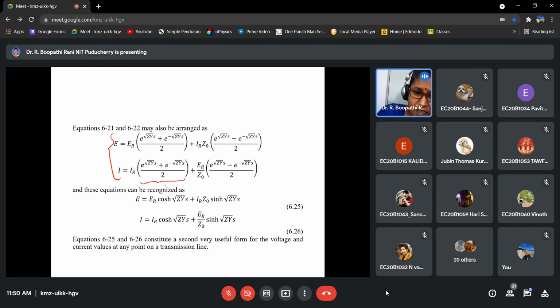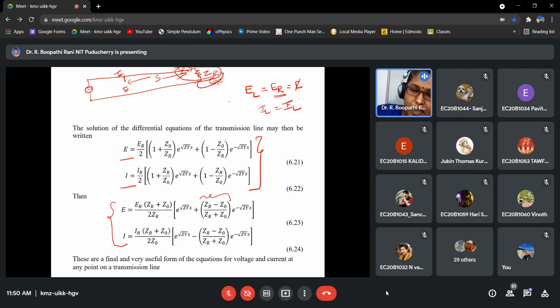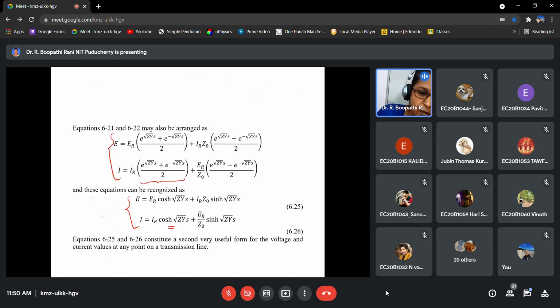If that is the case, then that can be represented using hyperbolic functions. So this is the fourth representation, whichever is convenient for solving the problem, that we will be using. From the initial equations, we obtained the solution and we have written it in this way. This can be rearranged to obtain this format. Okay, this is one format, this is the second format, and this is the third format.